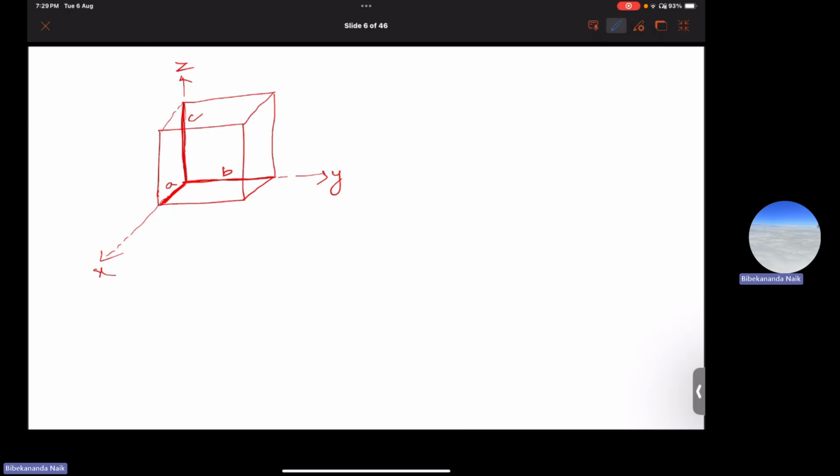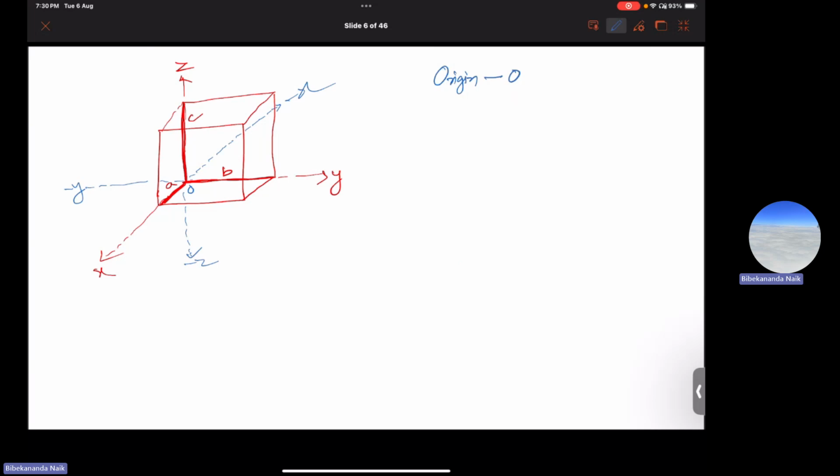Suppose this is the origin O. Then the projections of the OA vector onto the X, Y, and Z axes are respectively minus 2A, B, and 2C. So minus 2A means this is minus X, this is minus Y, this is minus Z.